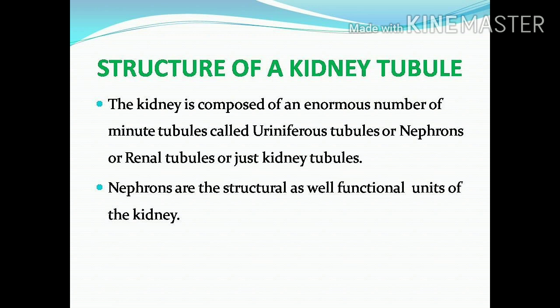This nephron is also called renal tubules or just kidney tubules. There are about 2 million nephrons in both kidneys together. Now we can study in detail the structure of the nephron.